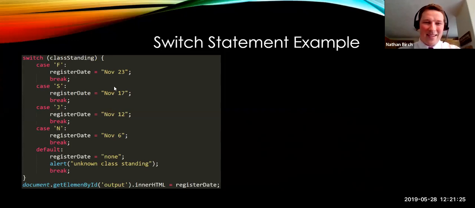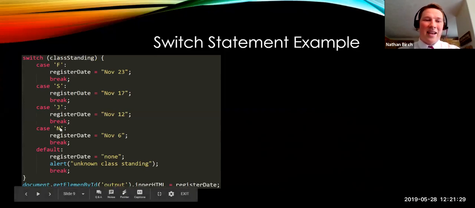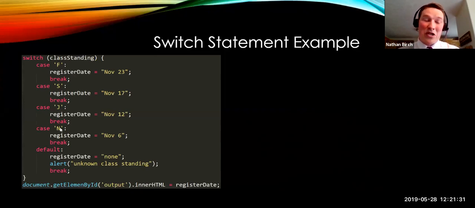Awesome. So yeah, pretty slick. It's nice because you can handle a bunch of different stuff and many conditions, as many as you want, and you don't have to have parentheses and opening of curly braces for all of them. The one thing that you do have to add that you don't have to add in the else if statements is these breaks. But with that, it can also increase performance because let's say, this would be extremely rare, but let's say I had 100 different conditions that I had to check for.